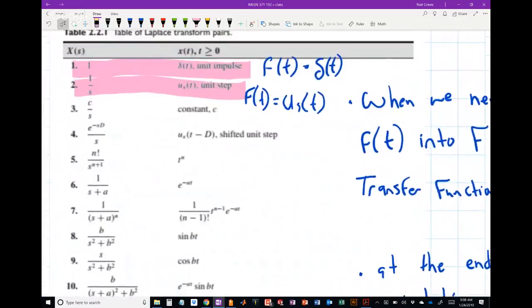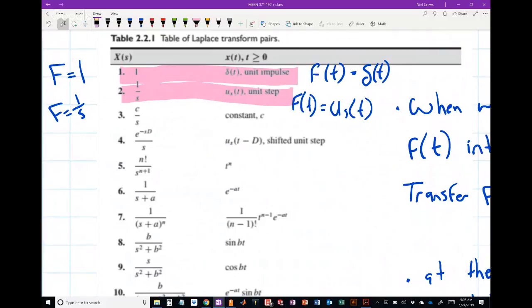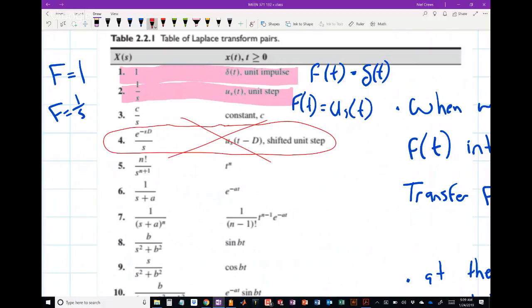Do you remember this unit, where we say, okay, we've got a step function, but it doesn't start until a little bit later, or we've got a pulse that lasts for 5 seconds and then it stops. We're not going to worry too much about doing these shifted step functions.